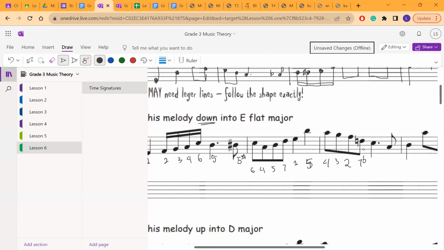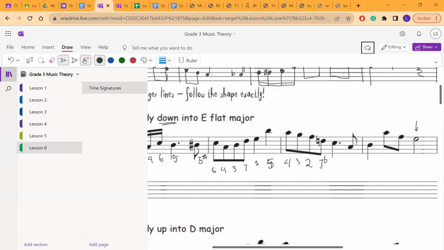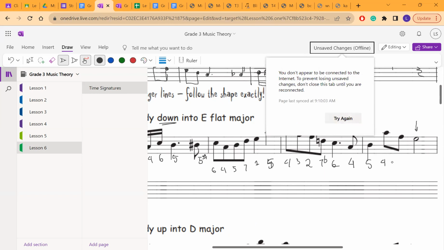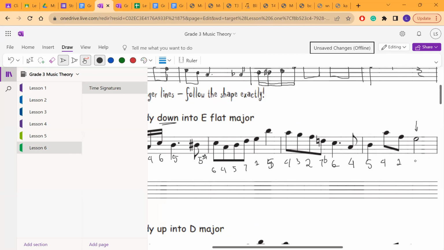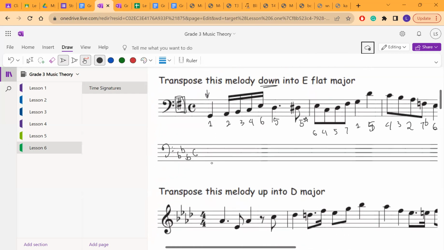So you use a natural there to neutralize the F sharp there. So that is a 7 flat. Remember, it's not necessarily the same accidental that goes in when you transpose through the keys. So now we put all those scale degrees into E flat major.